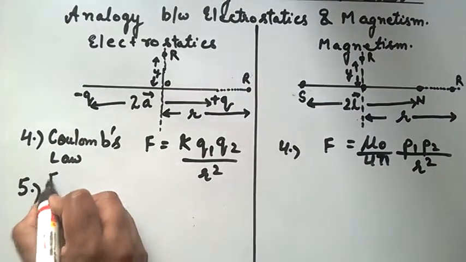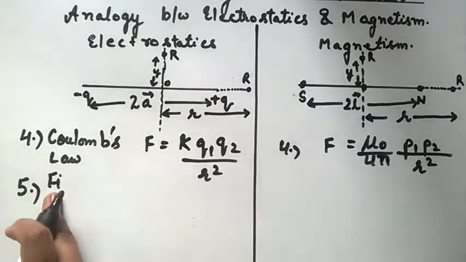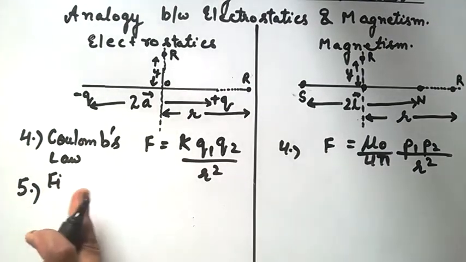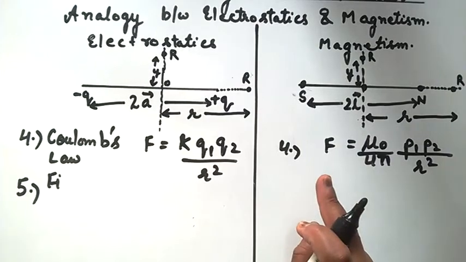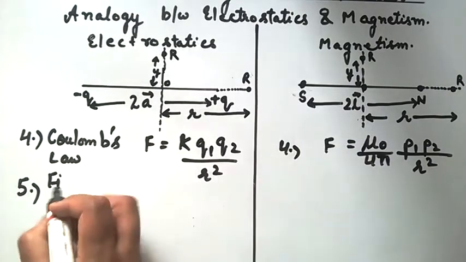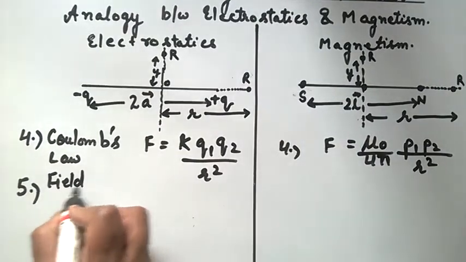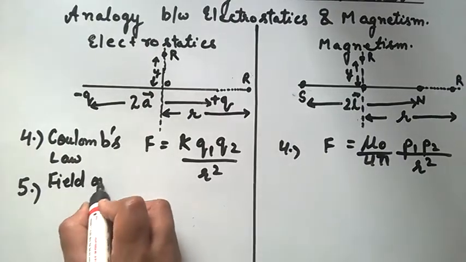And the value of electric field on the axial line, the value of magnetic field on axial line. So in general I am writing field on axis.